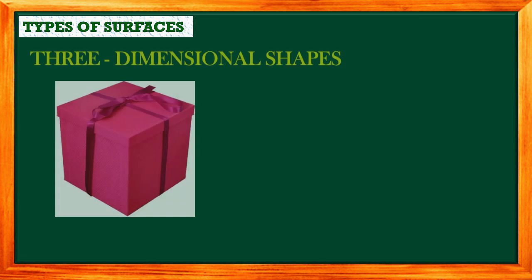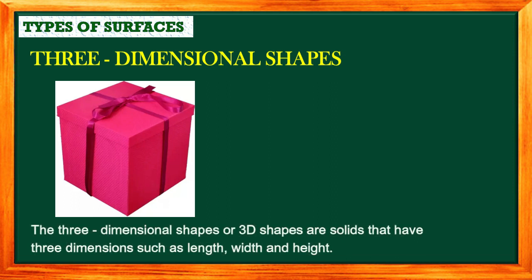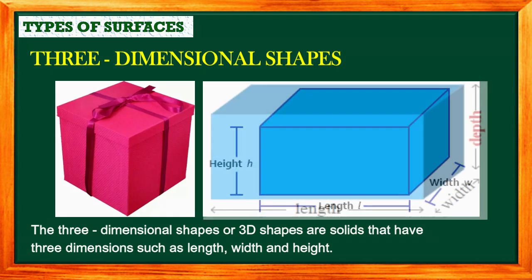Number 5. Three-dimensional shapes or surfaces. In geometry, three-dimensional shapes or 3D shapes are solids that have three dimensions such as length, width, and height. Unlike two-dimensional shapes, three-dimensional shapes have height, which is the same as thickness or depth.